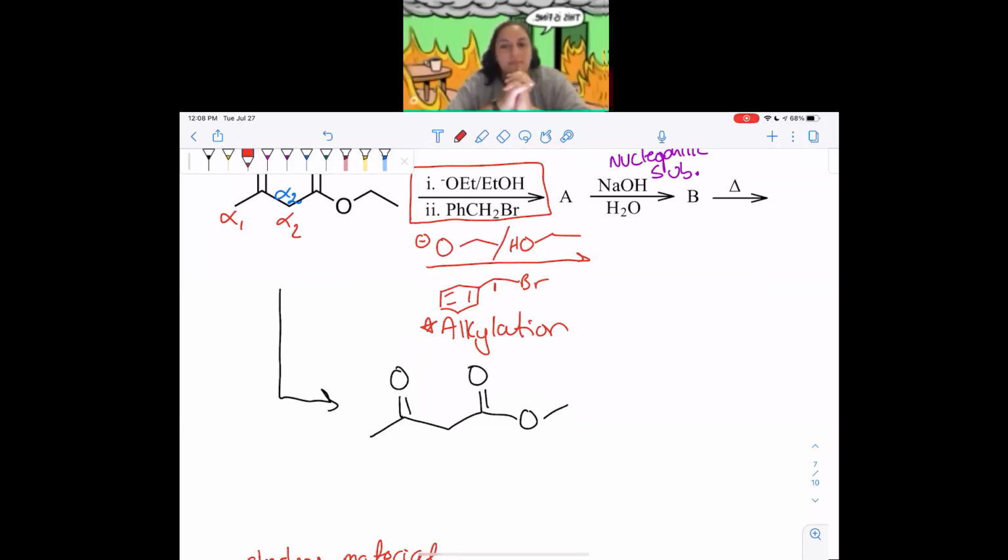And the alkyl group had one carbon and then the phenyl. So we have one carbon and then the phenyl, which I don't want to draw every time, so I'm just going to write out Ph. And at this point, we have A.